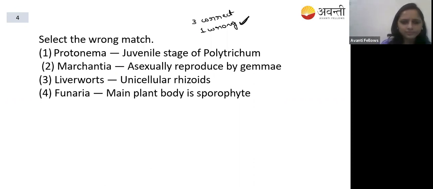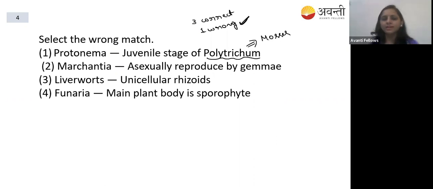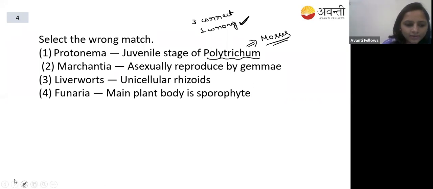First, the Protonema, the juvenile stage of Polytrichum. Polytrichum belongs to the mosses. Where have you learned the mosses? In the bryophytes.